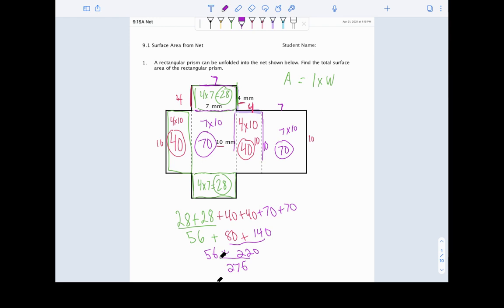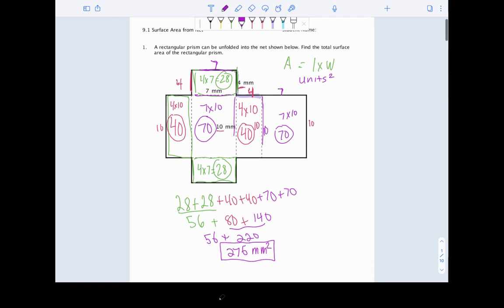And then you have to have your units, right? We are dealing with area, so our units are going to be square units. In this case, it's millimeters, and then you have to have the little 2 with it. So 276 millimeters squared.